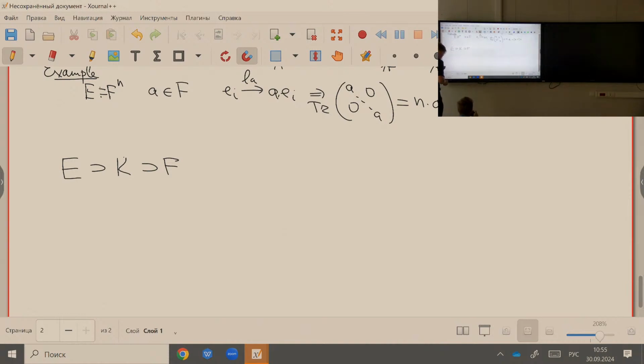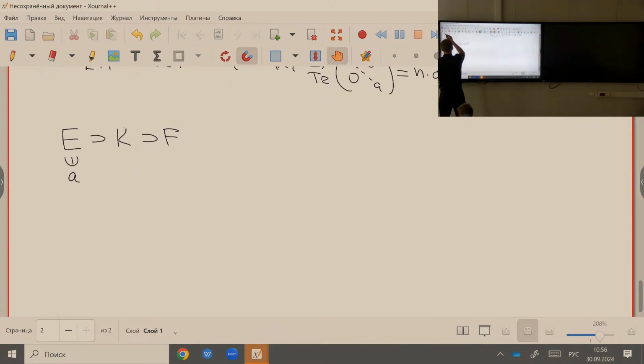Yeah, so suppose you have an element. So here we have taken the element, and then you just consider the following. We are considering the basis.